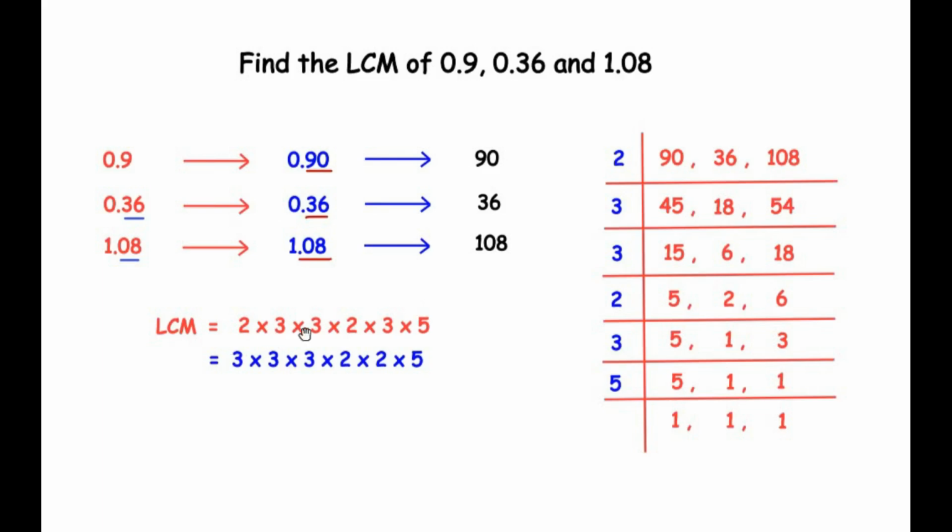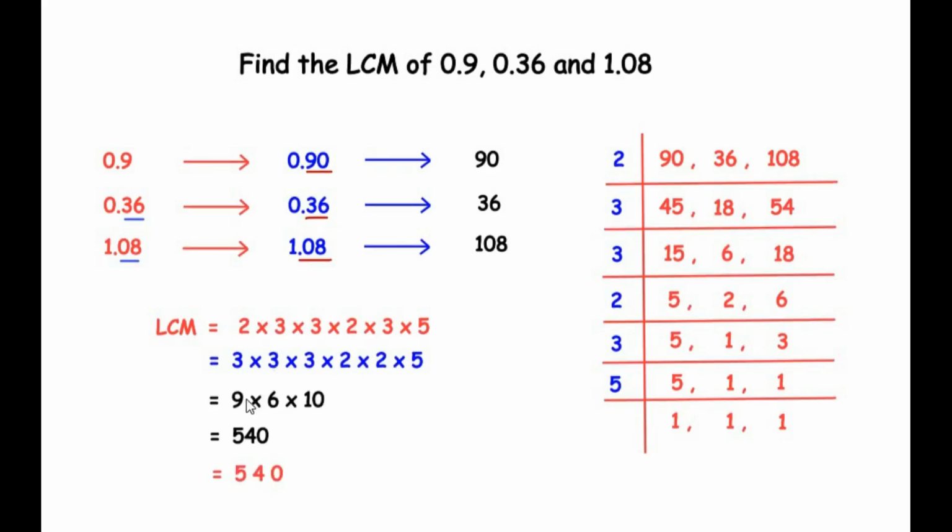So I have taken 3 times 3 times 3 together, and 2 times 2 times 5. Simplifying, 3 times 3 is 9, 3 times 2 is 6, and 2 times 5 is 10. Now 9 times 6 gives us 54, and 54 times 10 is 540.